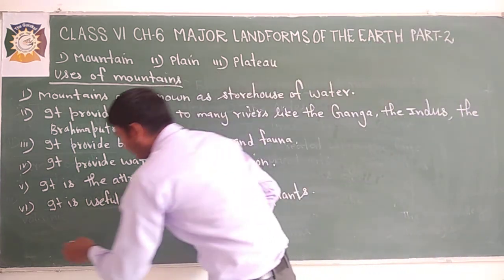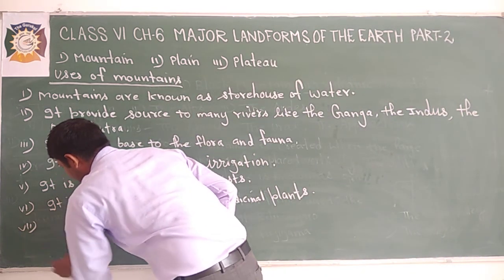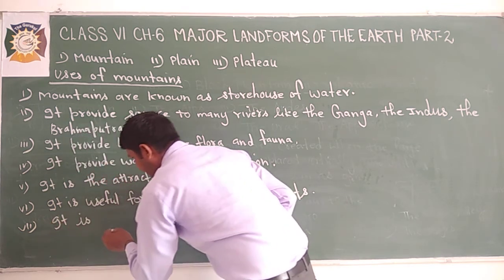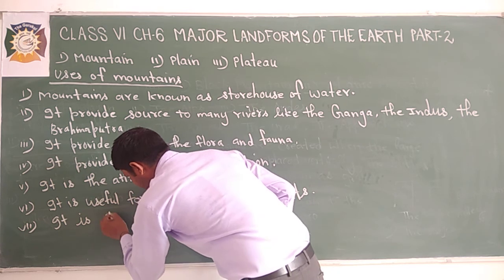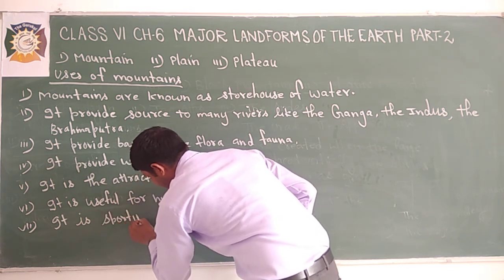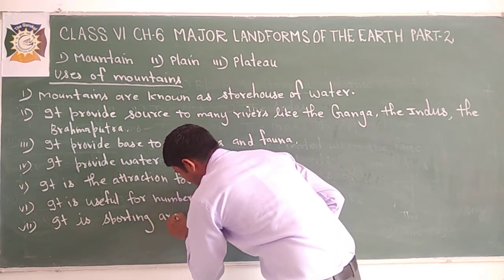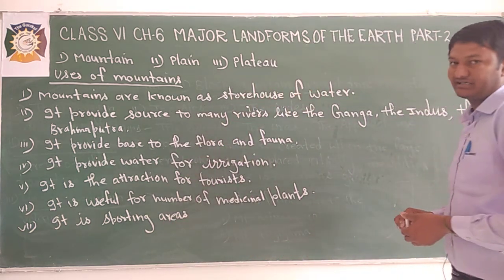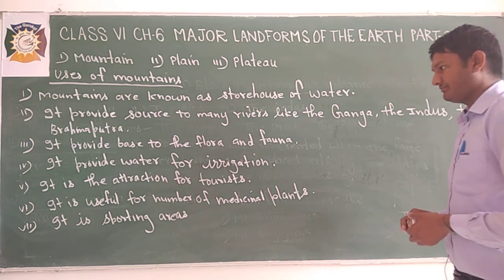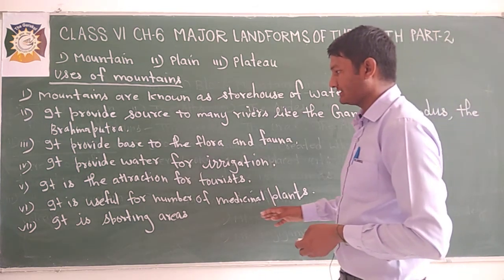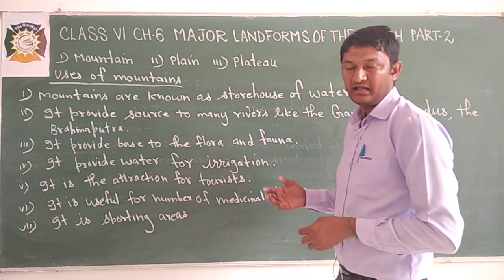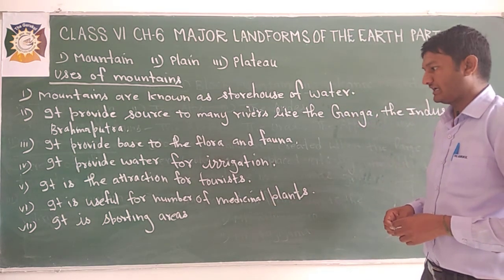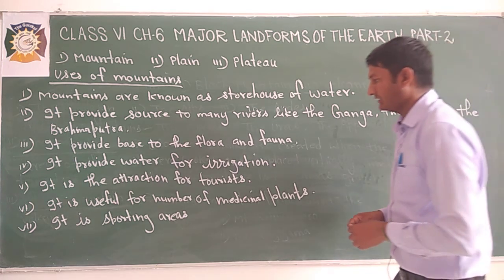And the last thing about the mountains is that they are supporting areas. They also provide recreational activities, or you may say a number of games and sports like paragliding, hang gliding, as well as skiing, skating, and even river rafting.